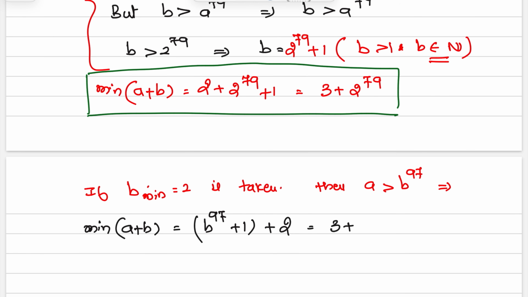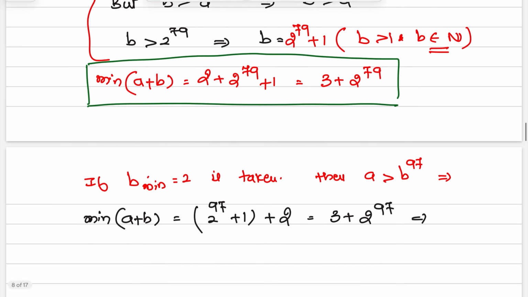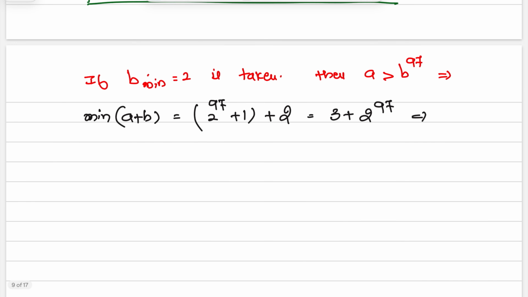Here instead of b we will write it as 2, 2 to the power of 97. That implies minimum a plus b is equal to 3 plus 2 to the power of 97.